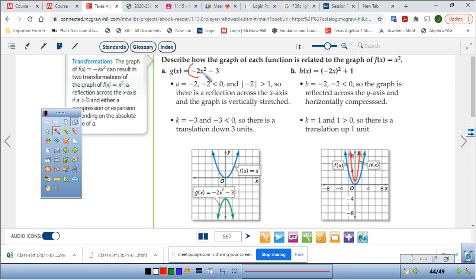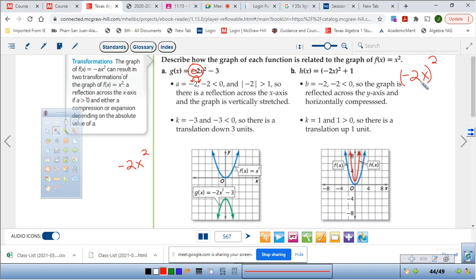Again, this part makes it go down because of this negative part right here. This one over here is really sneaky. If you look at this one, it says a negative 2, and the x is squared. This one over here says a negative 2x squared.